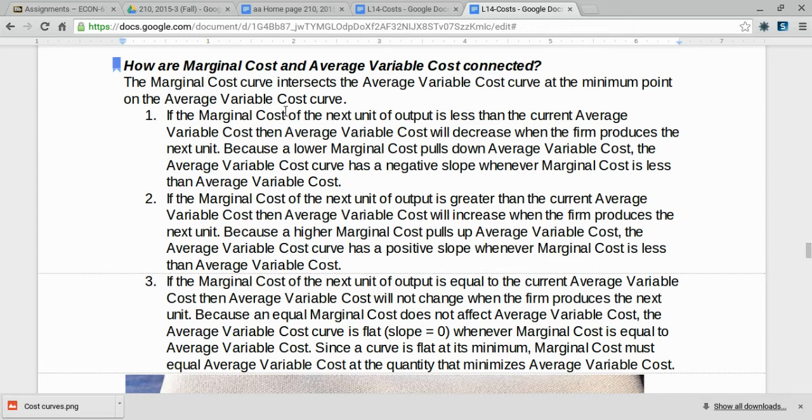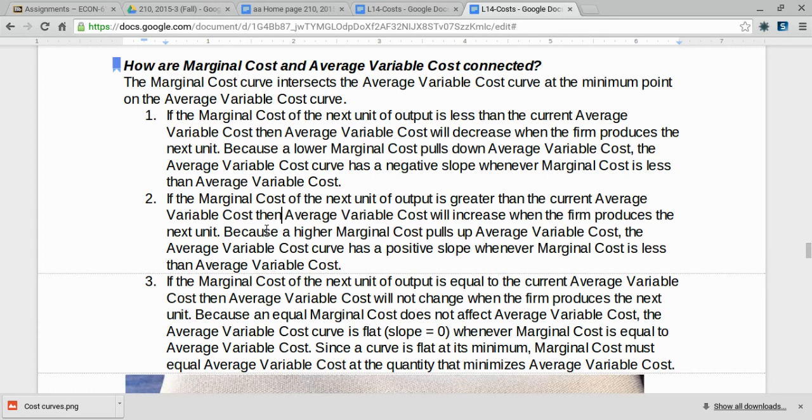This is exactly the same relationship that we described earlier when we talked about marginal cost and average total cost. I'm simply replacing average total cost with the words average variable cost. Number two, if the marginal cost of the next unit of output is greater than the current average variable cost, then the average variable cost will increase when the firm produces the next unit.